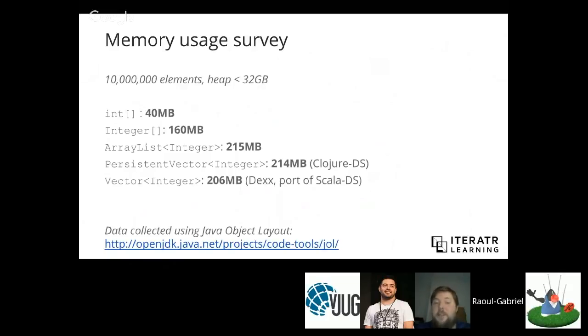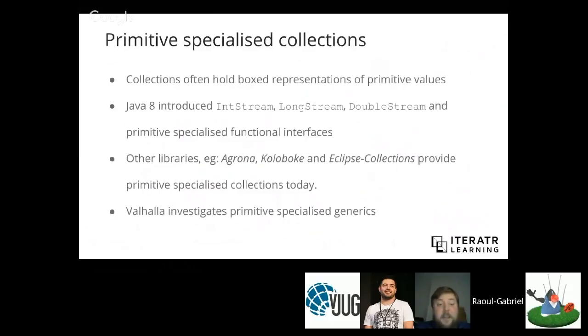The other thing to remember is that in a future version of Java, hopefully, you'll be able to do an array list of primitive int, which would massively improve the array list situation. But at the moment, it's not necessarily that bad. You can also, even before this Java 10 and beyond Project Valhalla primitive specialized generics that lets you do an array list of primitive int, already do primitive specialized collections today.